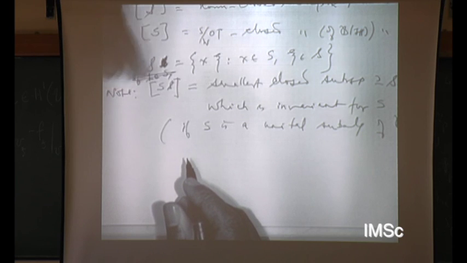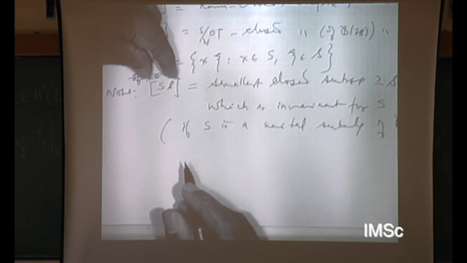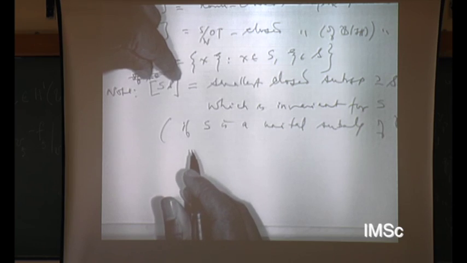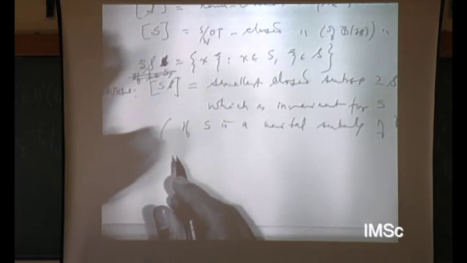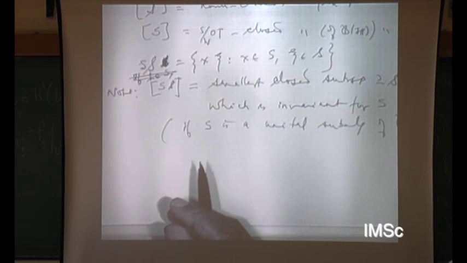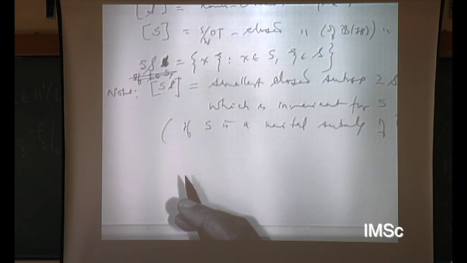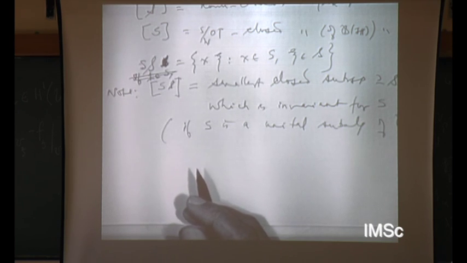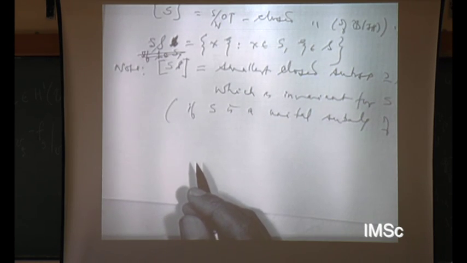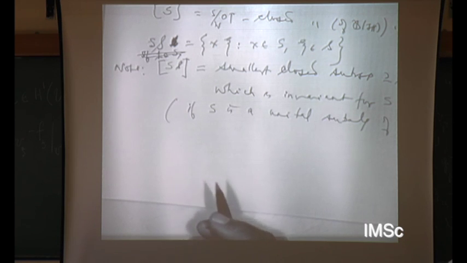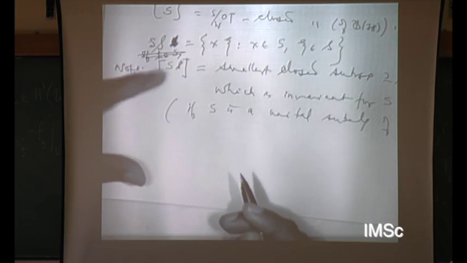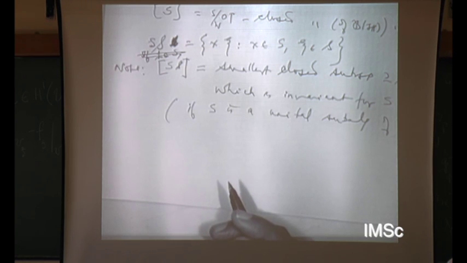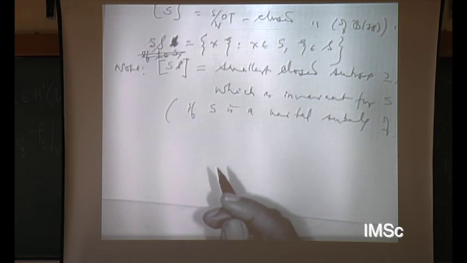And in fact, because S is closed under multiplication, it will be clear that if you apply any operator in S to this, because S times S is contained in S. If it has identity, then S times S is equal to S. So if you act on this subspace by operators in S, you will stay in this subspace.